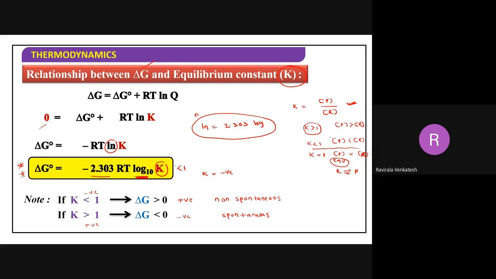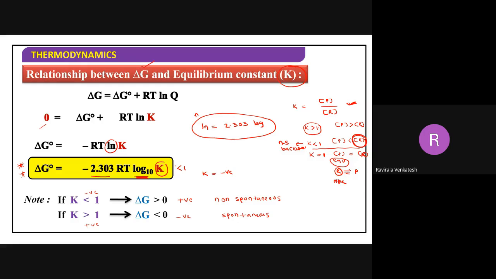Now, when the product concentration is less and the reactant concentration is more, in which direction is the reaction taking place, beta? Forward or backward? When you have more reactant concentration, the reaction proceeds forward. So for K less than 1, it is a non-spontaneous reaction, moving backward.